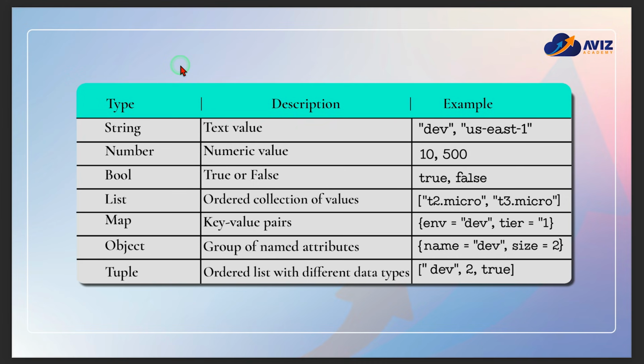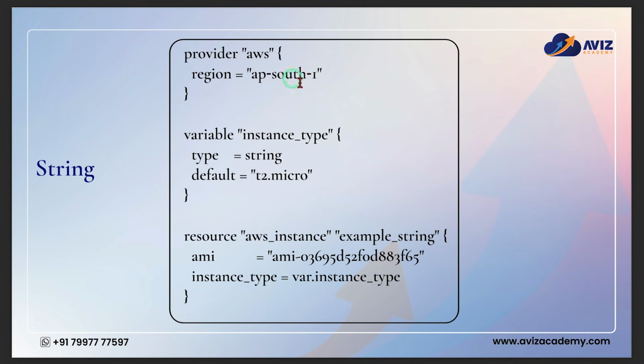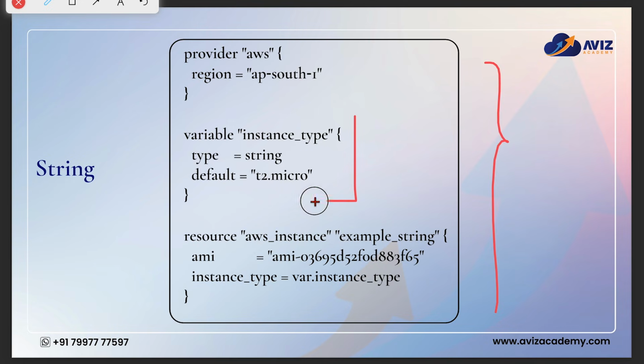Let me take examples for these variables, firstly the string type. If you observe, this Terraform code has the variables within the script itself, but it is not a best practice to keep variables in the same file as our main code.